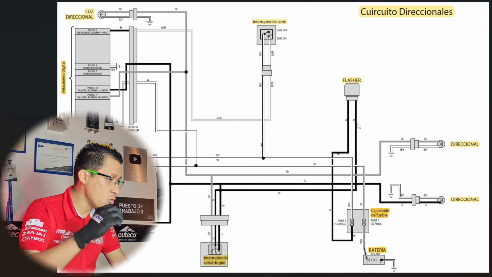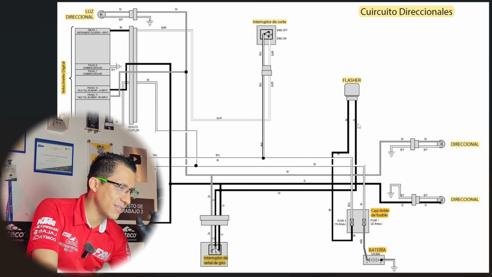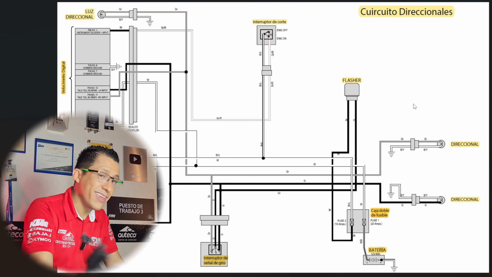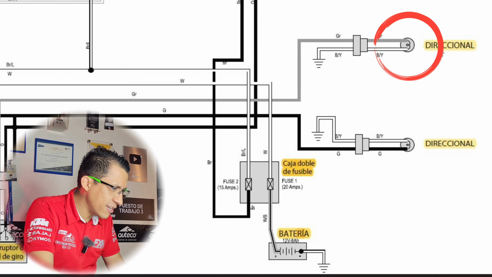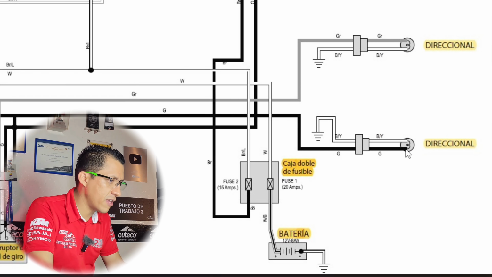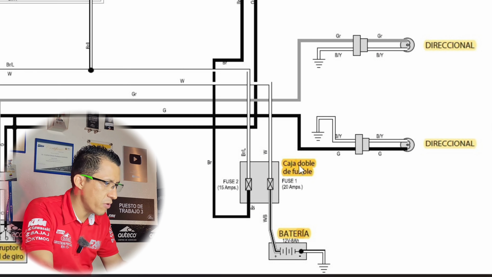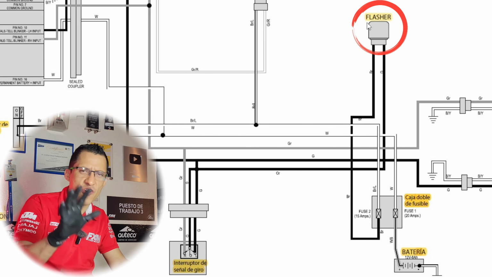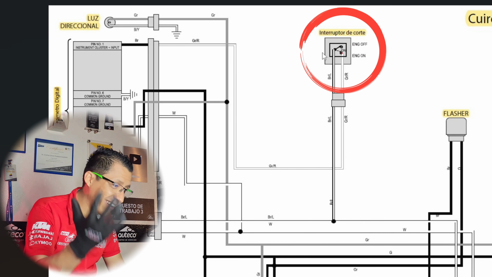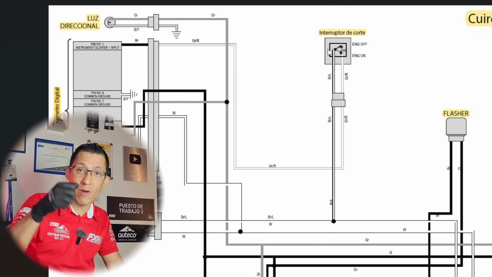The first rule to be able to interpret diagrams is to identify the components. In this case, what are the components? We have a signal here, we have another signal here. Here we have the fuse box, here we have the battery, the mass of the battery, the flasher that I'm going to explain to you. The kill switch, the red button, the emergency stop, that is in the right command.